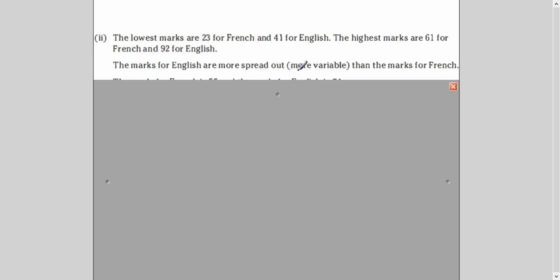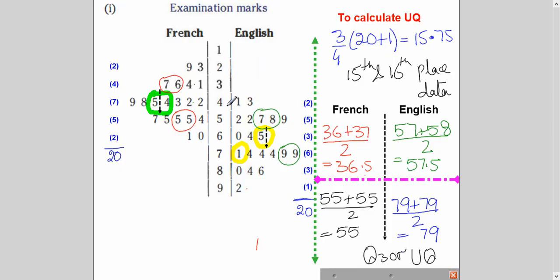Now what is the meaning of more variable, more spread? If you see here, English marks are spread from the 40s till the 90s: 40, 50, 60, 70, 80, 90. So it is spread across 7 tens, right? Whereas if you see French, it is from 20, 30, 40, 50, 60. So this is less spread.